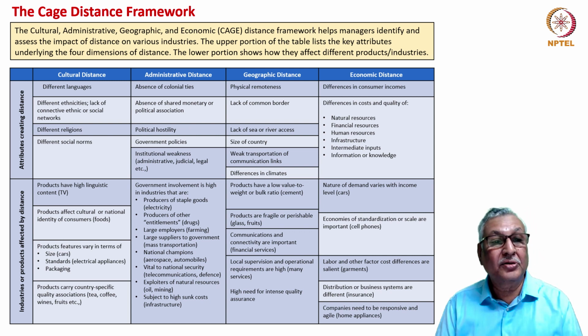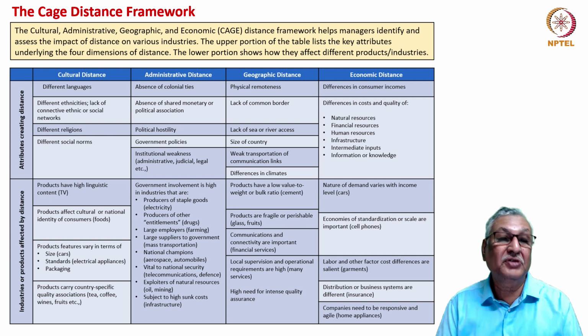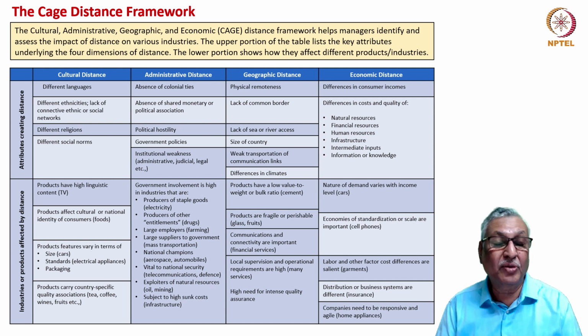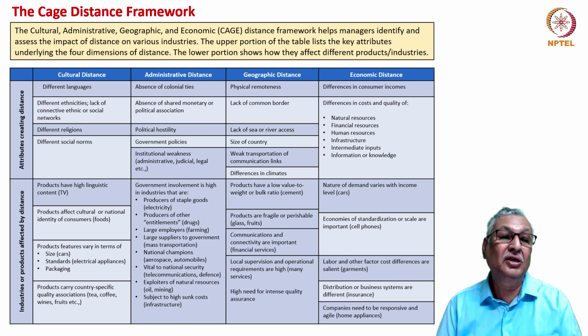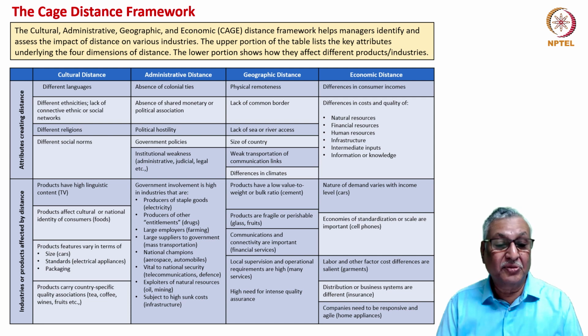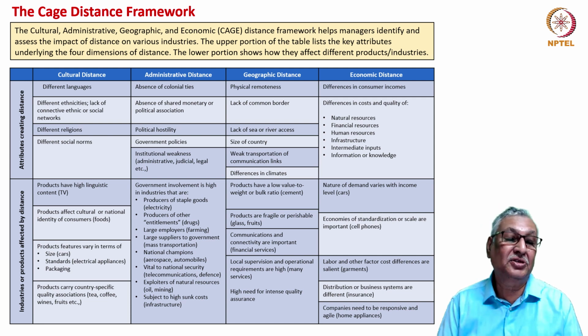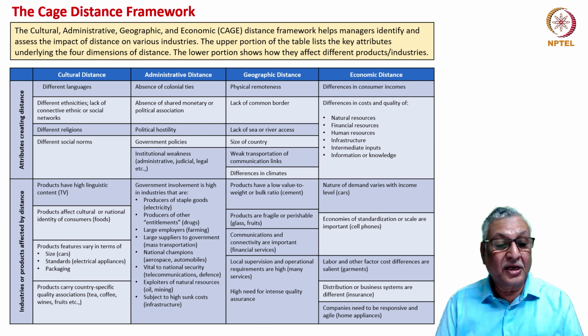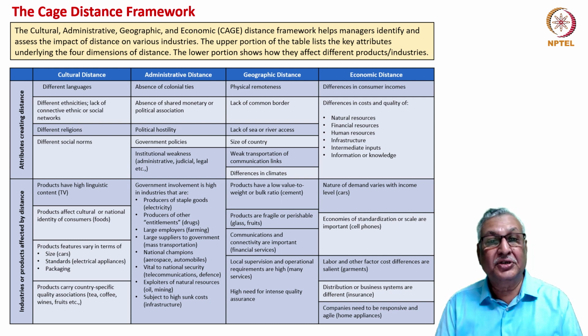An automobile that is used in the United States is even larger because there is a cultural association of large cars in the United States of America and small cars in the country of Japan. The standards, that is electrical appliance standards or such other measurement standards, impact the nature of the product. Packaging. Certain products carry country-specific quality associations such as tea, coffee, wines, fruits, etc.